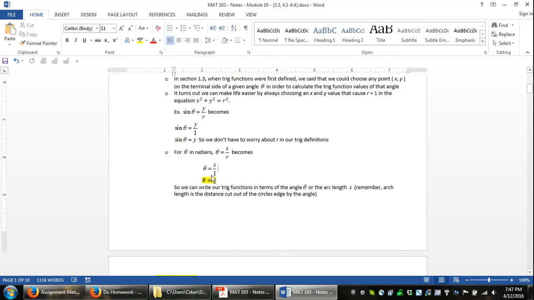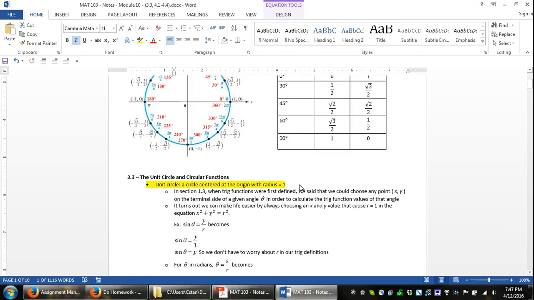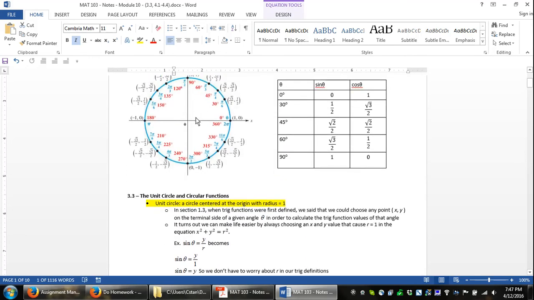So this is an important thing just to help alleviate some confusion. Your book is going to reference things in terms of arc length now, but this is the exact same as the angle. So, for example, 30 degrees or pi over 6 radians. Pi over 6 radians you could think of as the angle measure, but that's actually this distance right here.